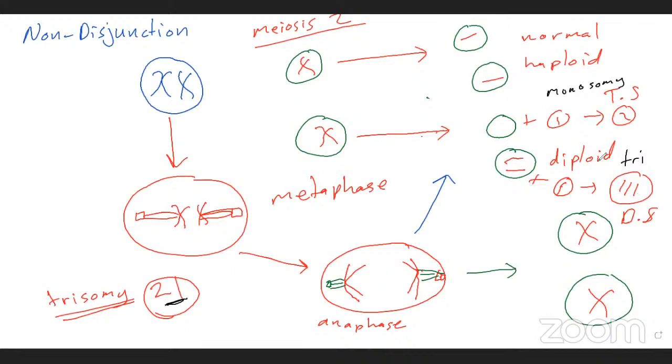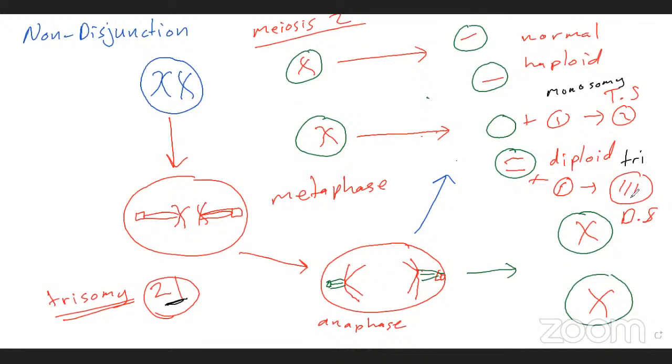No, hold on, remember 2 is normal, right? It would have been 47 in all. But in terms of pairs, it would be 24 pairs. So it's just 1 extra. So with trisomy, you have 1 extra chromosome.